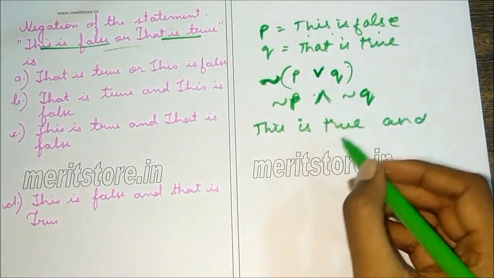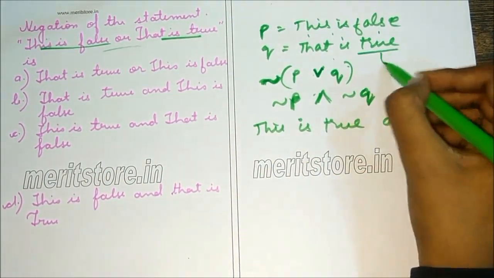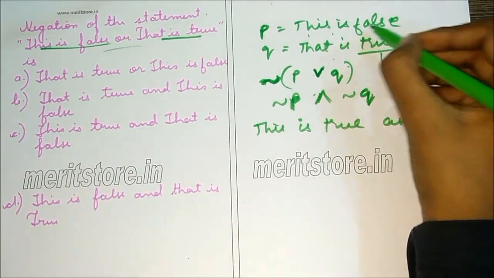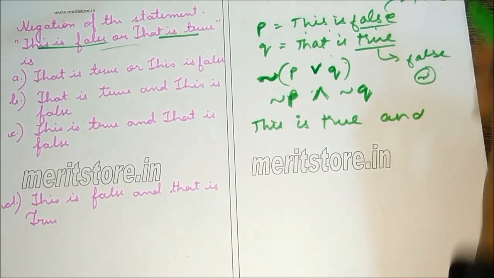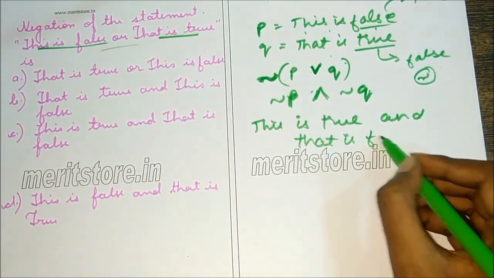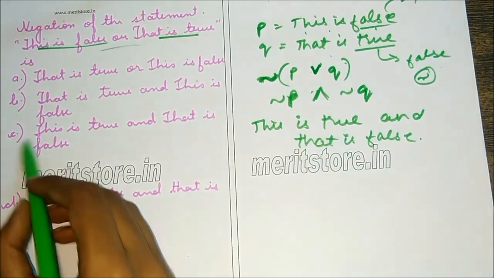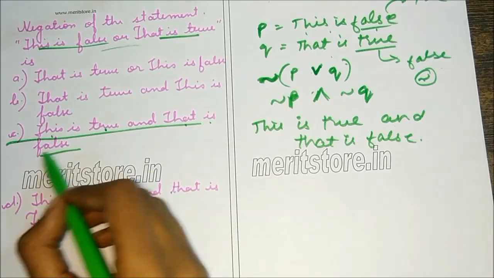Negation of that is true is that is false. This turns false and this becomes true in case of negation. So option C is the answer: this is true and that is false.